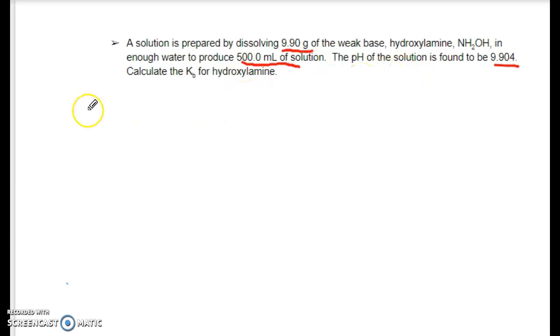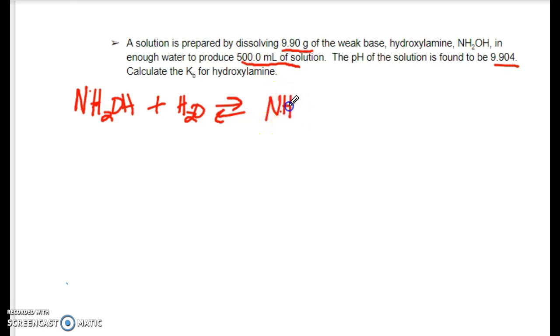So we still have our initial equation, so NH2OH plus water. Again, it's a base, so it is going to accept a hydrogen from the water, so you're going to see NH3OH.